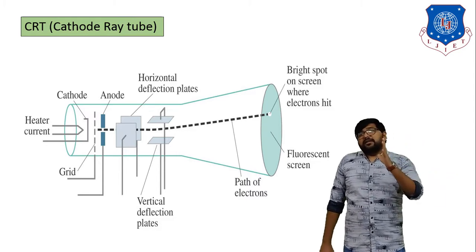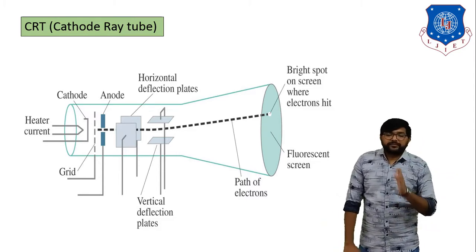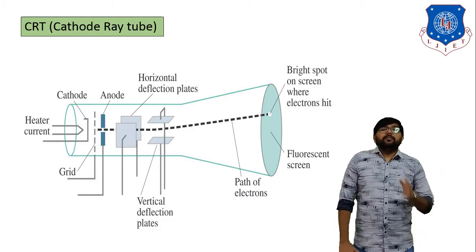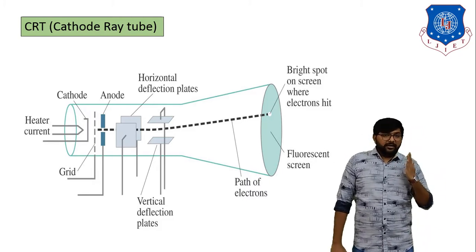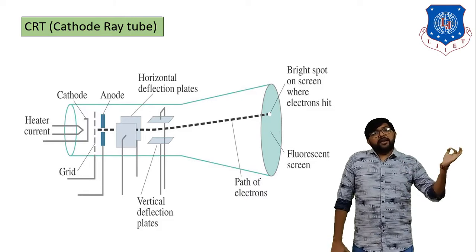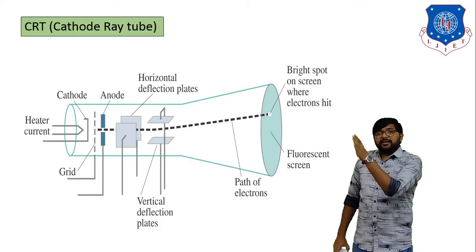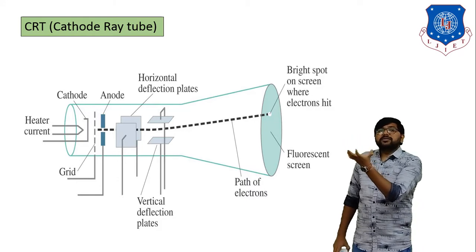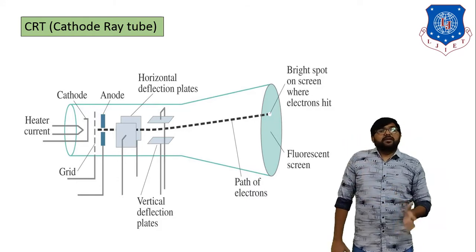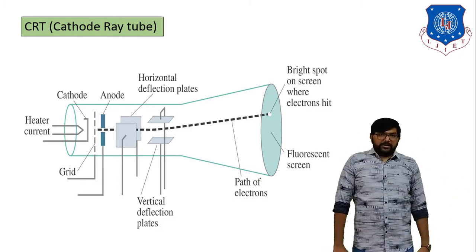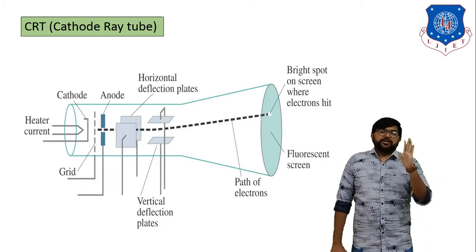But one disadvantage of CRT is that the brightness of the picture cannot be maintained constantly. Clear? Because once the electron beam strikes the fluorescent screen, the energy of the electron continuously reduces. That's why you have to flow another electron onto the same picture to keep the image glowing constantly.